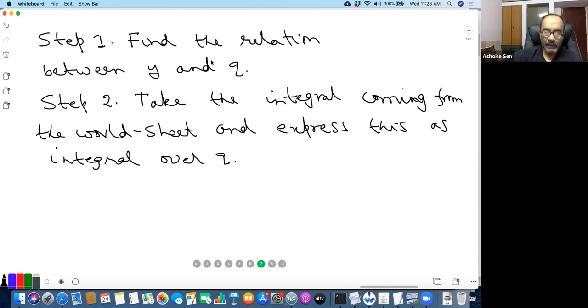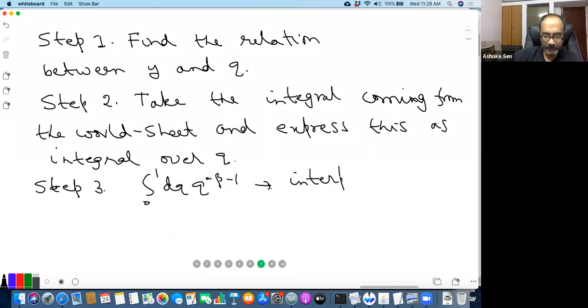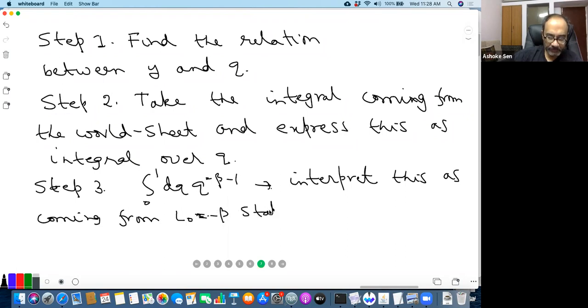So this step is straightforward once you have done step one, finding the relationship between Y and Q. Then step 3 is that if we get an integral of this kind, dq q to the minus beta minus 1, we interpret this as coming from L0 equal to minus beta states, and replace it by 1 over L0, which is minus 1 over beta in this case.